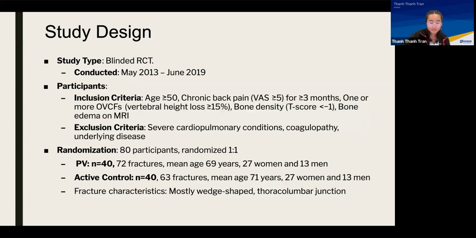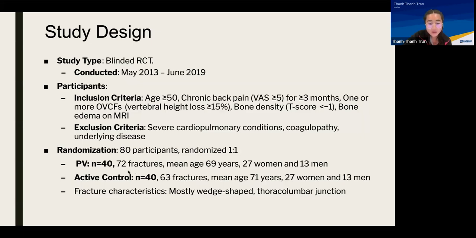As for randomization, a total of 232 individuals were assessed for eligibility. Out of 232, 152 declined to participate, leaving only 80 participants. These 80 participants were randomized in a 1-to-1 ratio, with 40 allocated to the PV group and the other 40 to the active control group.